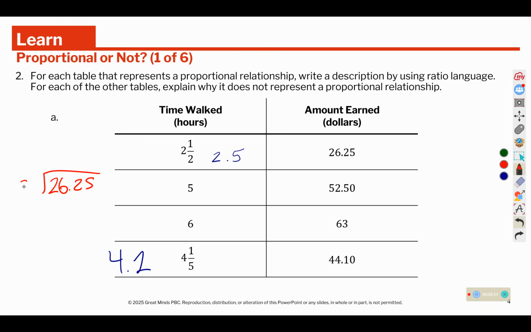We have 26.25 divided by 2.5. Remember, we've discussed that strategy where we can turn these into a whole number by moving the decimal the same number of spots.